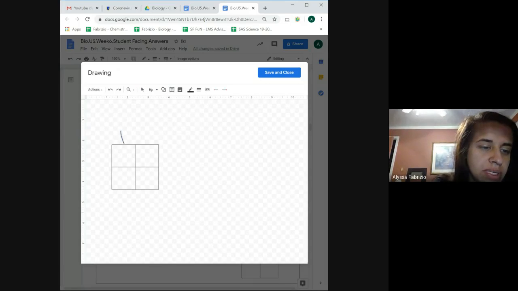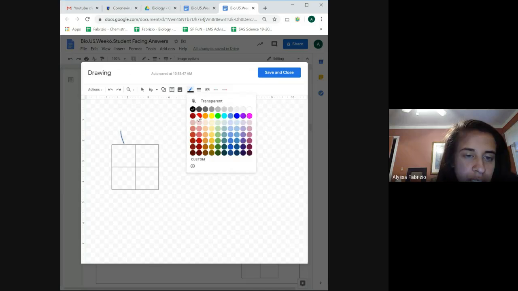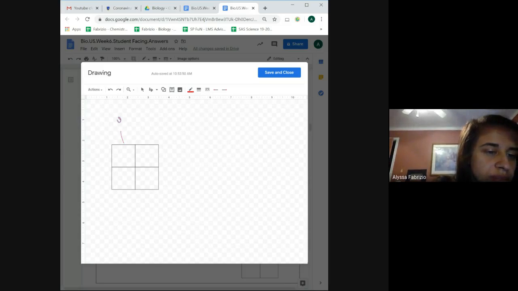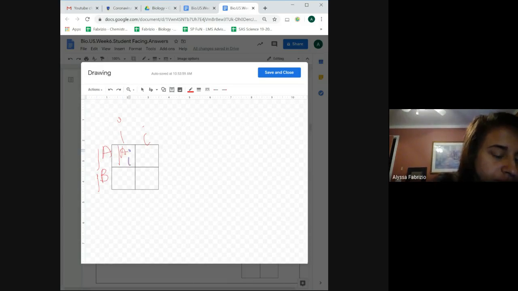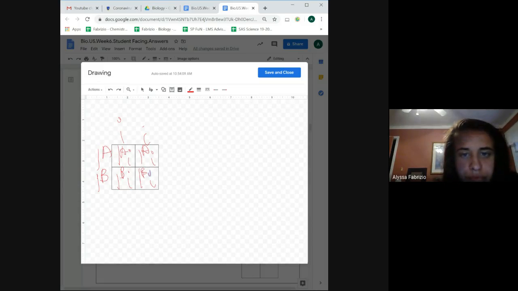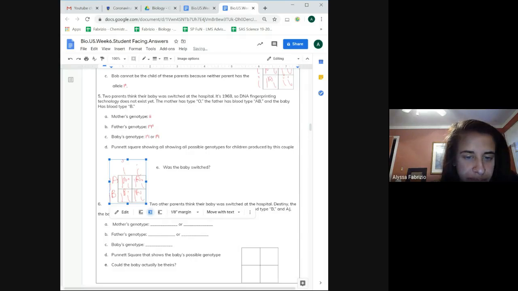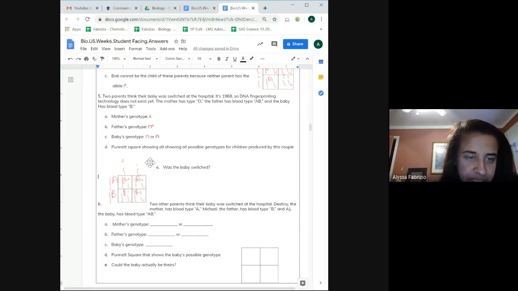So mom has O blood, so she has lowercase i, lowercase i. Dad has AB blood. Okay, so here's our Punnett square showing everything that should help conceptualize what is happening.